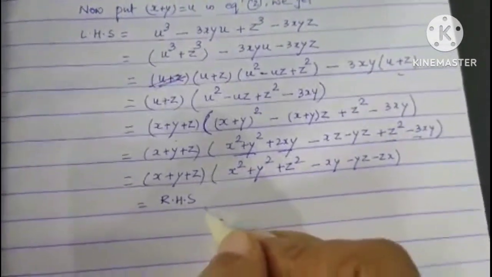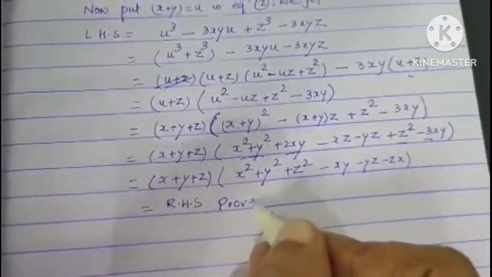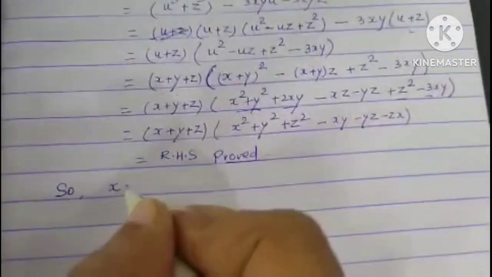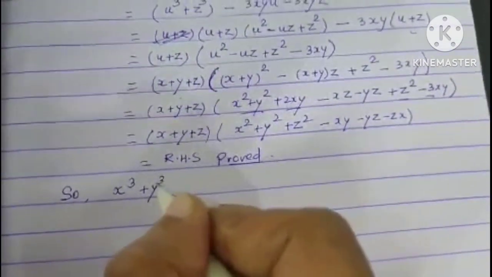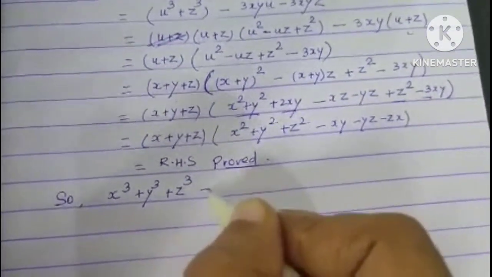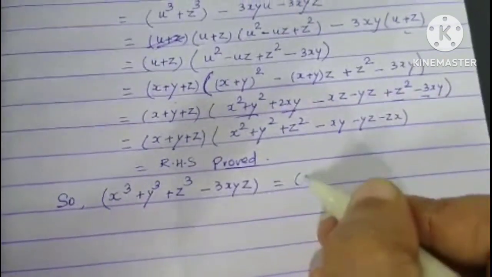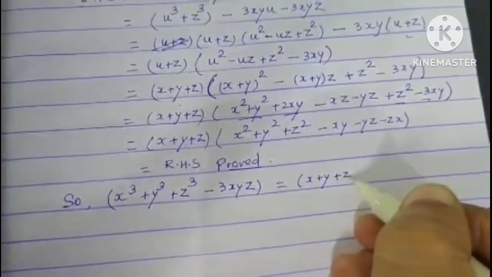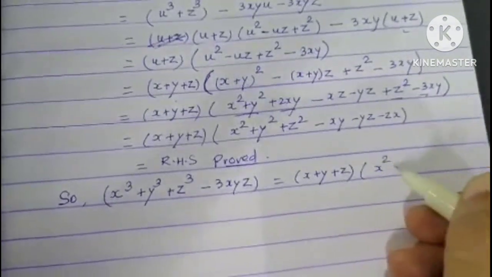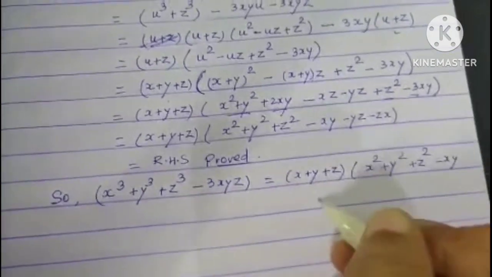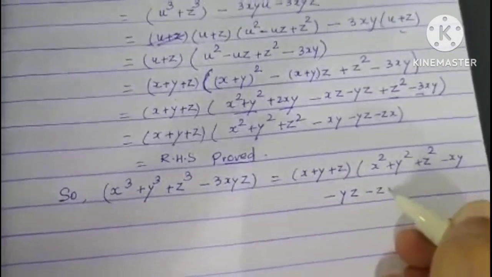So LHS equal to RHS, hence proved. So we get x cube plus y cube plus z cube minus 3xyz is equal to x plus y plus z multiplied by x square plus y square plus z square minus xy minus yz minus zx.